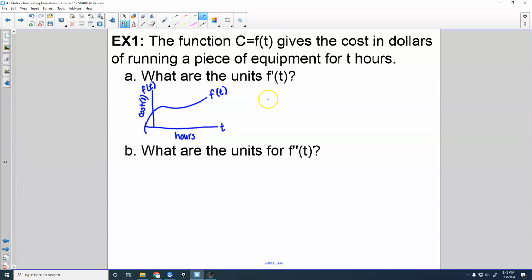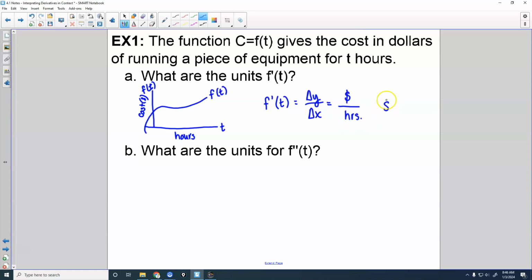So if we are looking at f prime of t, it's the slope of that graph, which is your change in y over your change in x. That means you've got units for your y-axis here, which would be cost in dollars, and your x-axis here is your hours.